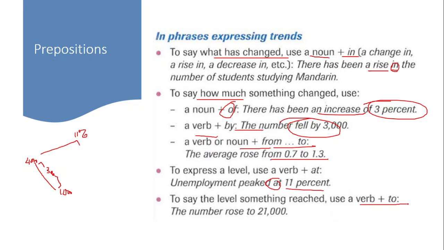We use verb with to when we say the level something reached. Fell by 3,000, from 4,000 to 1,000. When we say fell to 3,000, let's say it's 4,000, the end number will be 3,000. This is fell to 3,000.